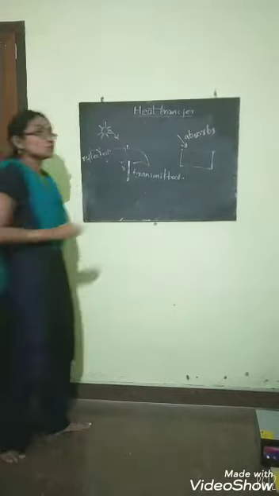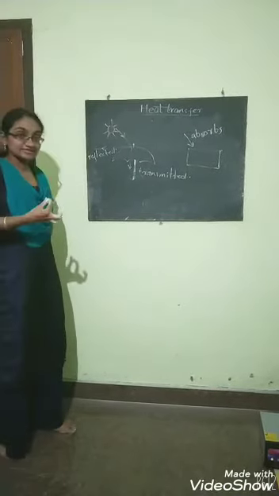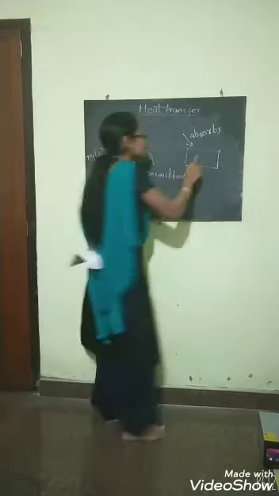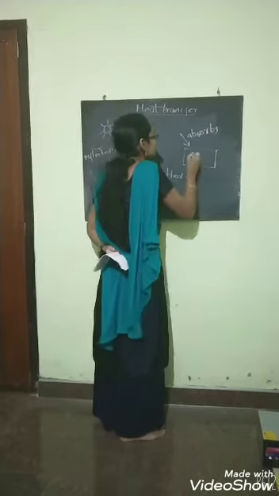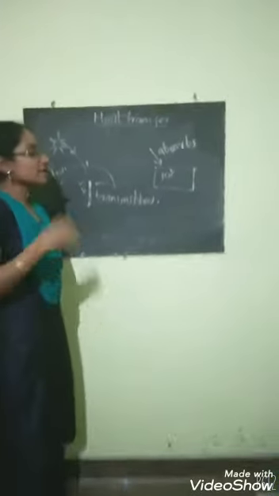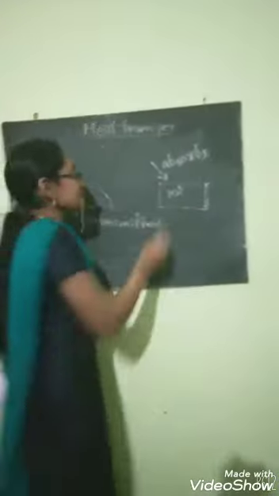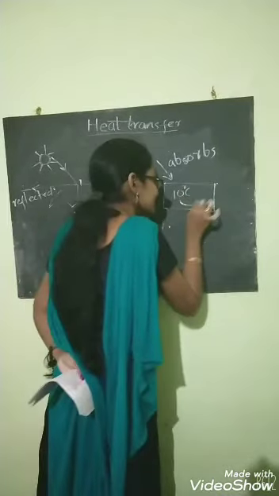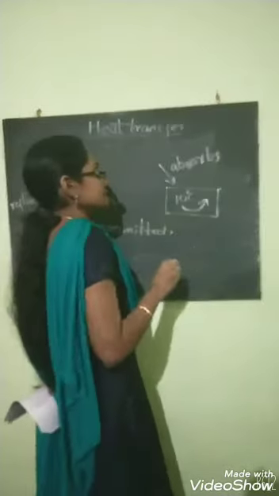When a body absorbs heat, its temperature increases. That is, when this body is at 10 degrees Celsius and the energy falls on it and absorption takes place, then the temperature of this body increases to a certain value.